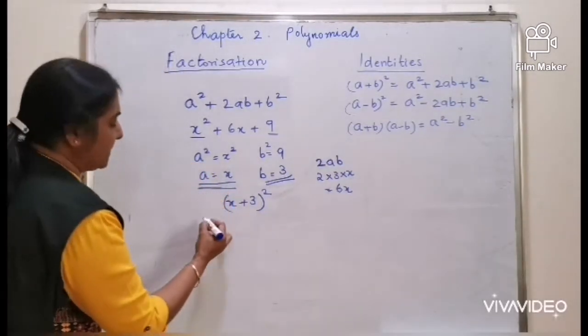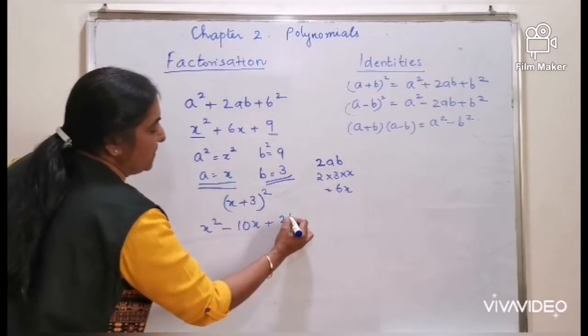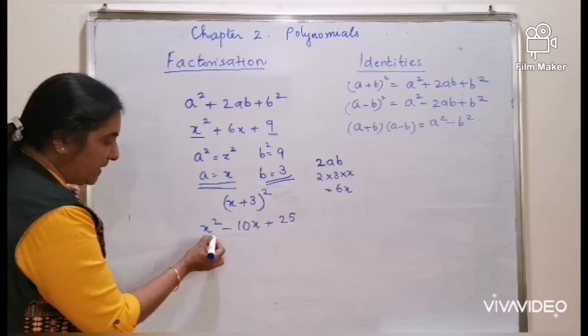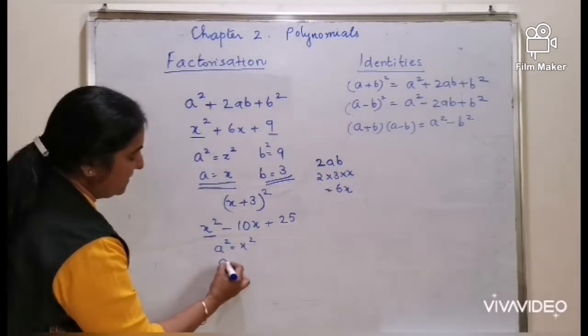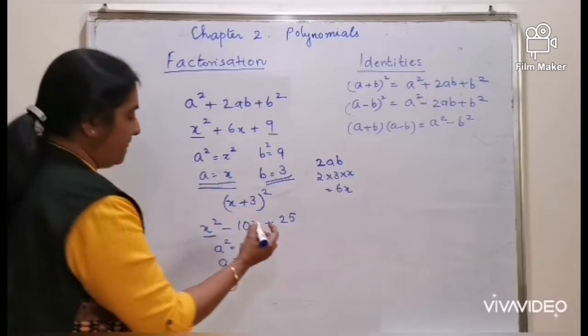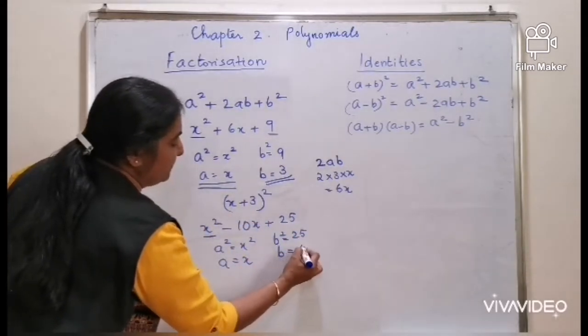Similarly, when you take x square minus 10x plus 25, the square term a square is x square, a is x. B square is 25, the value of b is 5.